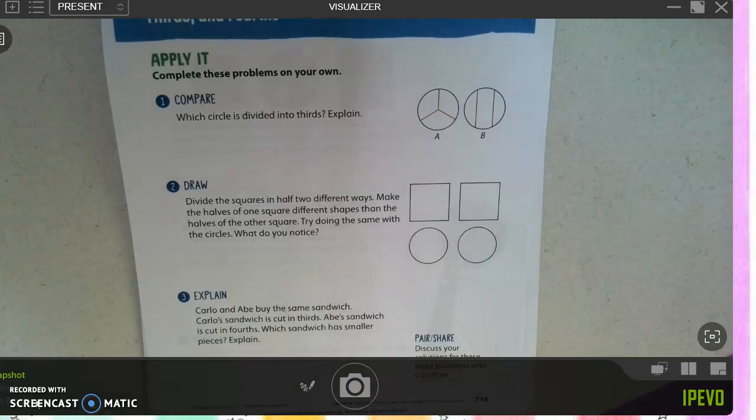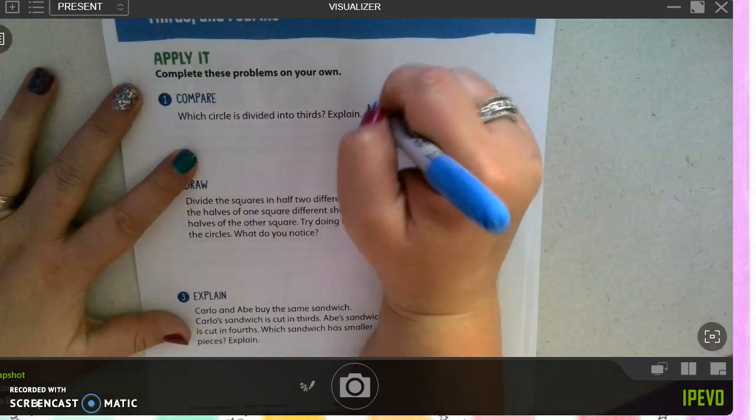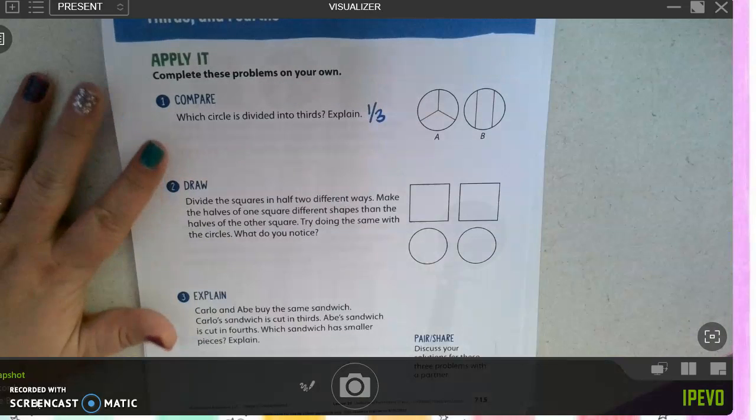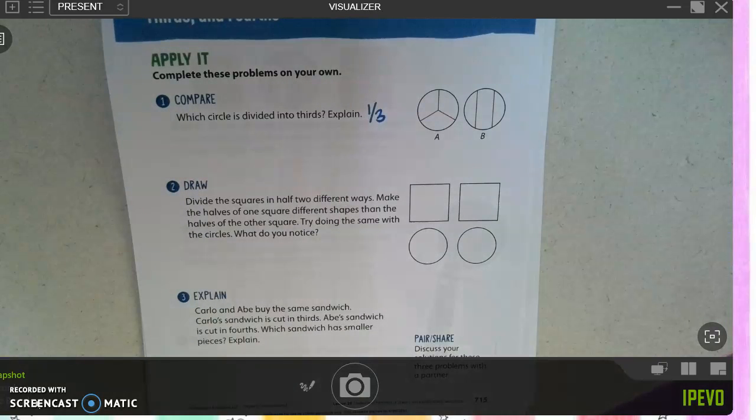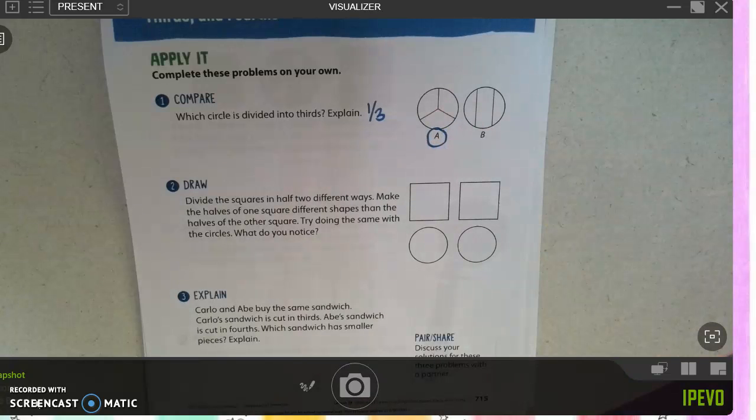Remember that thirds means it is divided into 3 parts, and we write 1/3 as a fraction like this. And which circle do you think is divided into thirds? A or B? Circle A is the one that is divided into thirds.